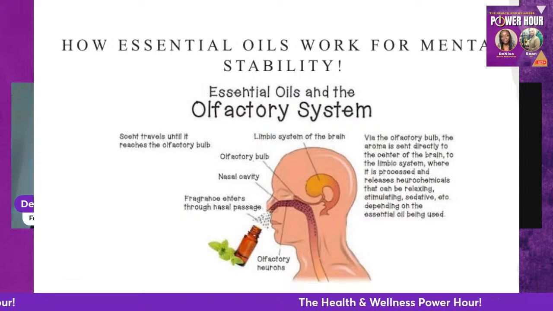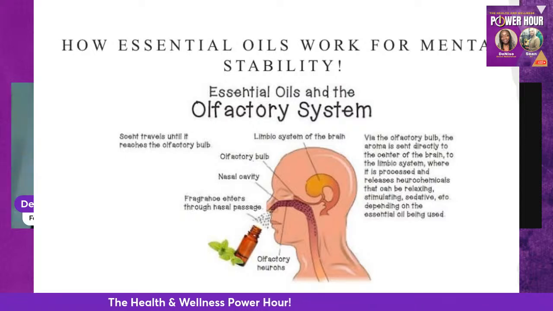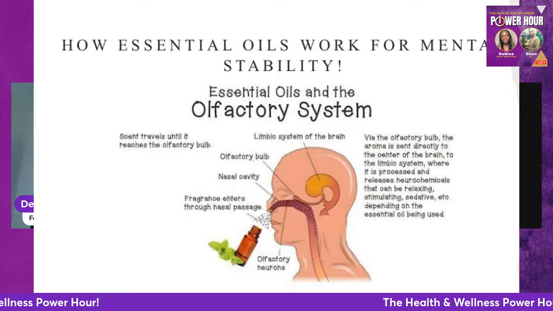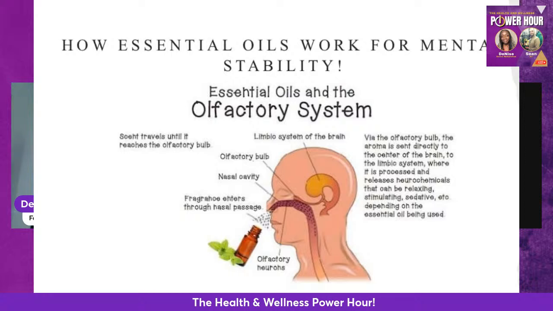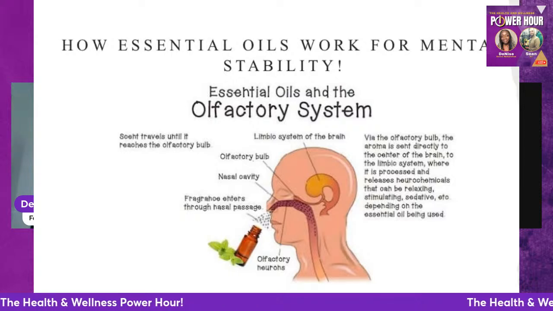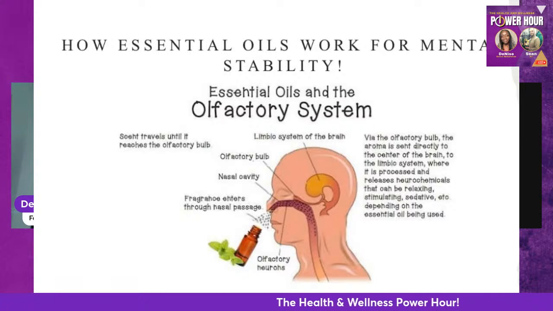It can be relaxing or stimulating, depending on which essential oil you use. That determines the effect that the oil is going to have on you personally. And that's how it works.